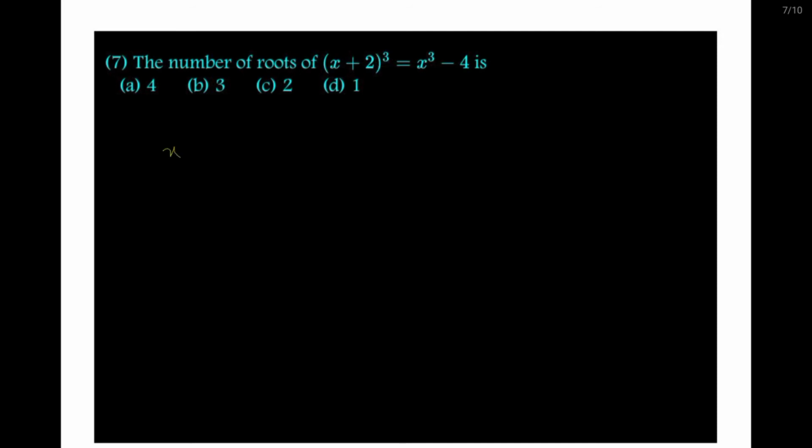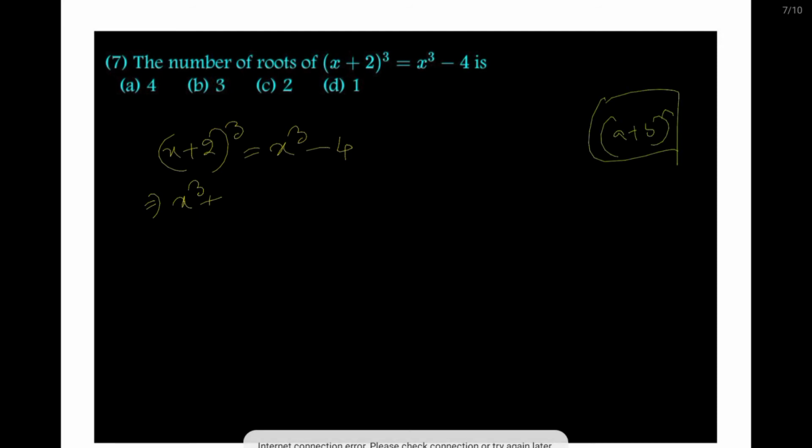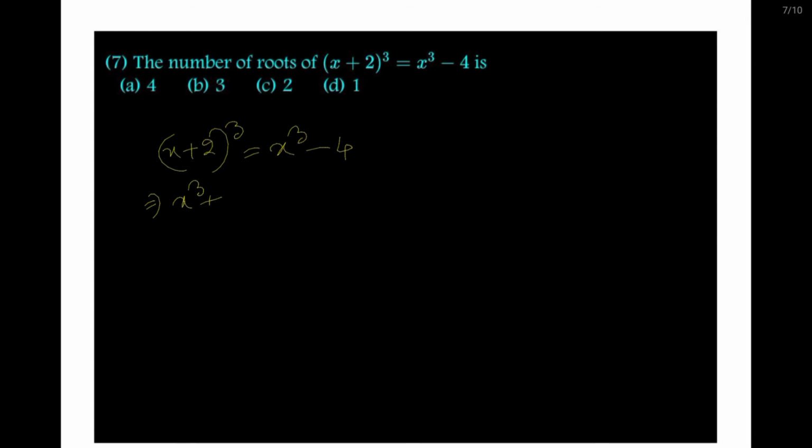So the equation is x plus 2 whole cube is equal to x cube minus 4. If you simplify it, we will use the formula for x plus a whole cube: x cube plus 3 a square b plus 3 ab square plus b cube is equal to x cube minus 4.